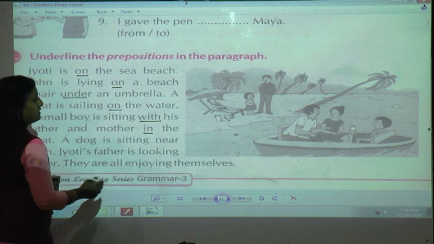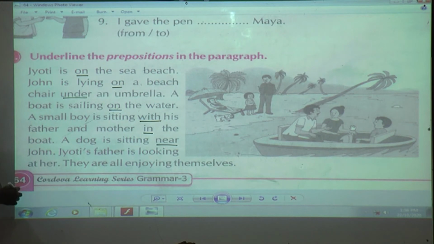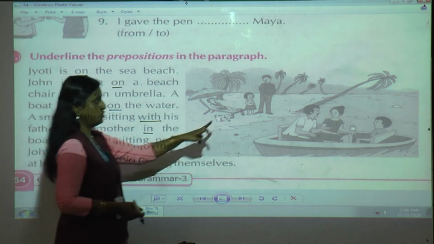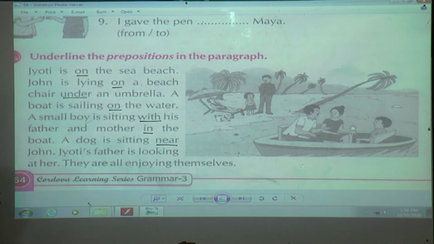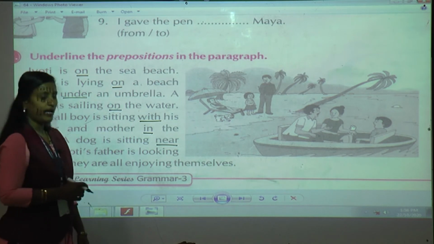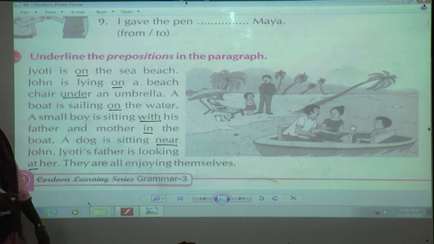Yes, he is sitting near John. Jyoti's father. She is Jyoti and he is Jyoti's father. So Jyoti's father is looking at her. Here is a new preposition, that is at. They are all enjoying themselves.